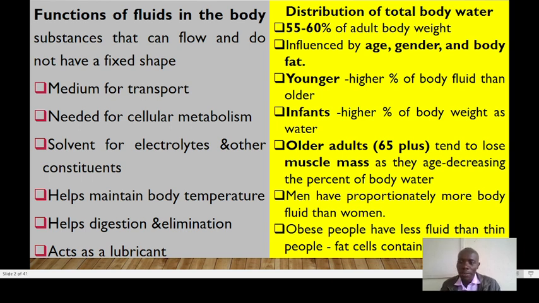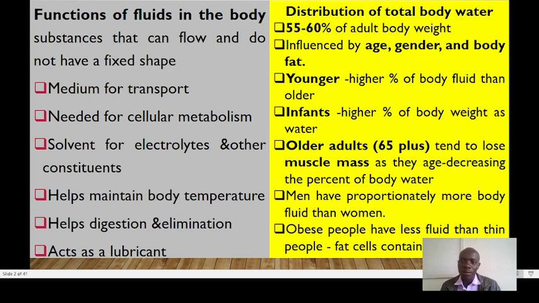They're also needed for different cellular metabolism and also act as a solvent for different electrolytes and other constituents in the body. Besides, fluids are also involved in regulation of body temperature along with digestion, elimination, and also being used as a lubricant, especially in the joints.